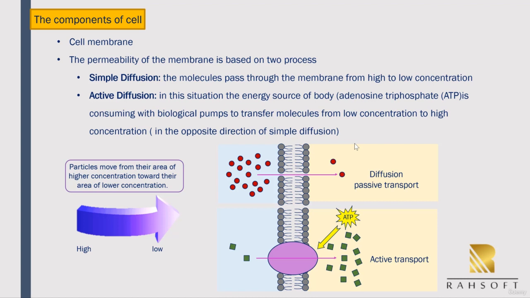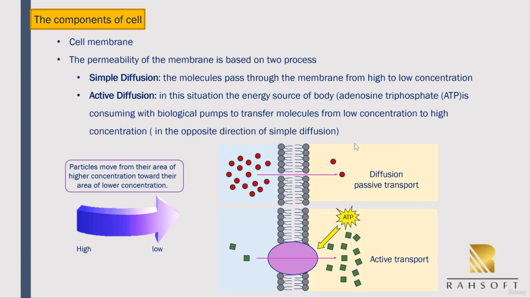However, active diffusion is when an energy source within the body needs to be consumed in order to have a pump shoot the molecule from a low concentration to a high concentration, because this is against the gradient, and pushing against the gradient requires energy.